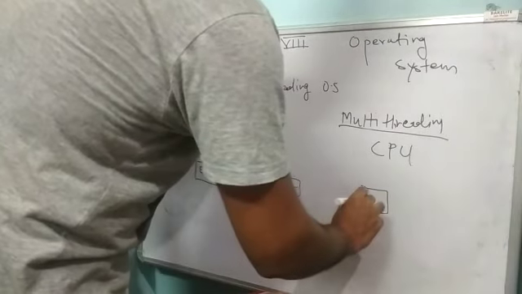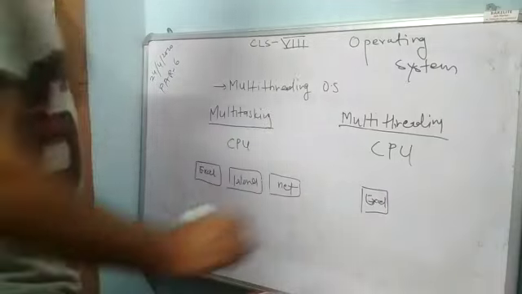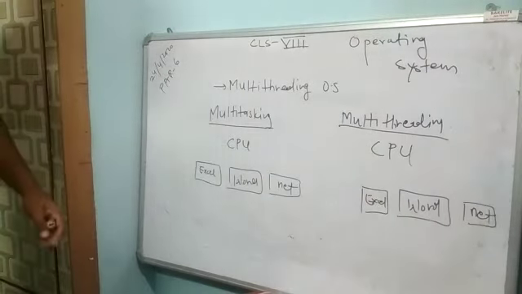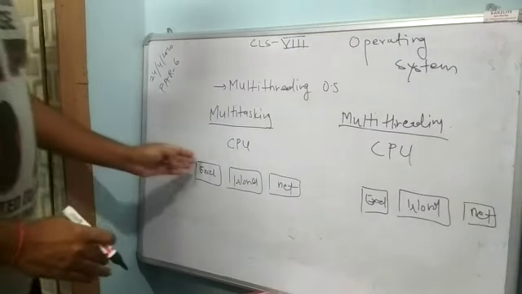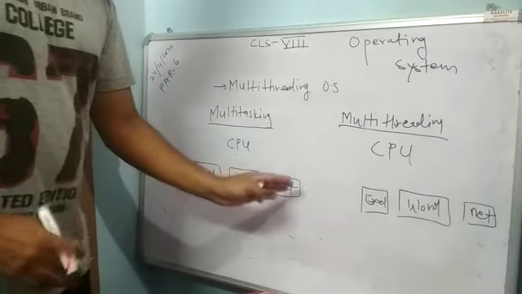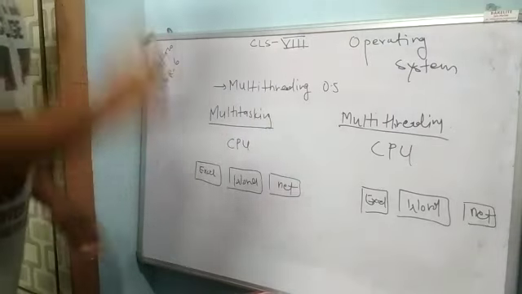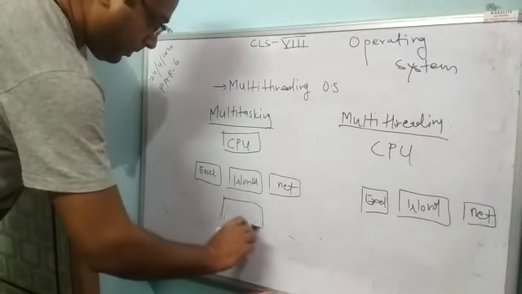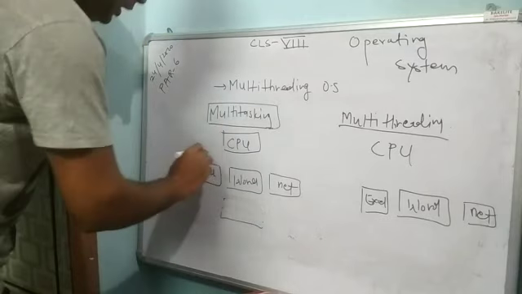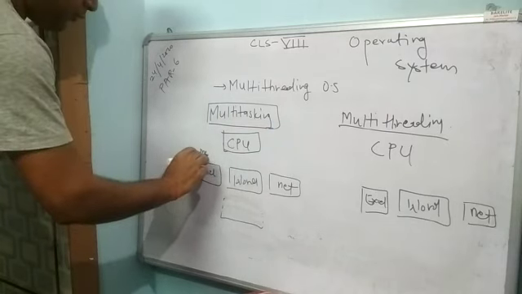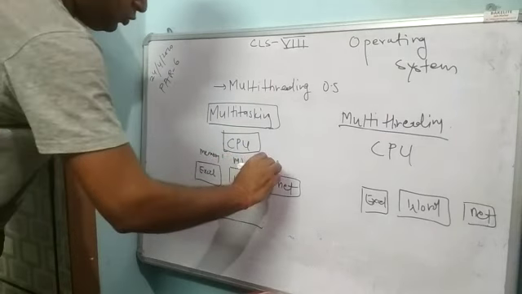In multitasking, the same CPU allows you to access the three different programs or tasks at the same time, but the CPU will assign different parts of memory for these tasks: memory 1, memory 2, and memory 3.